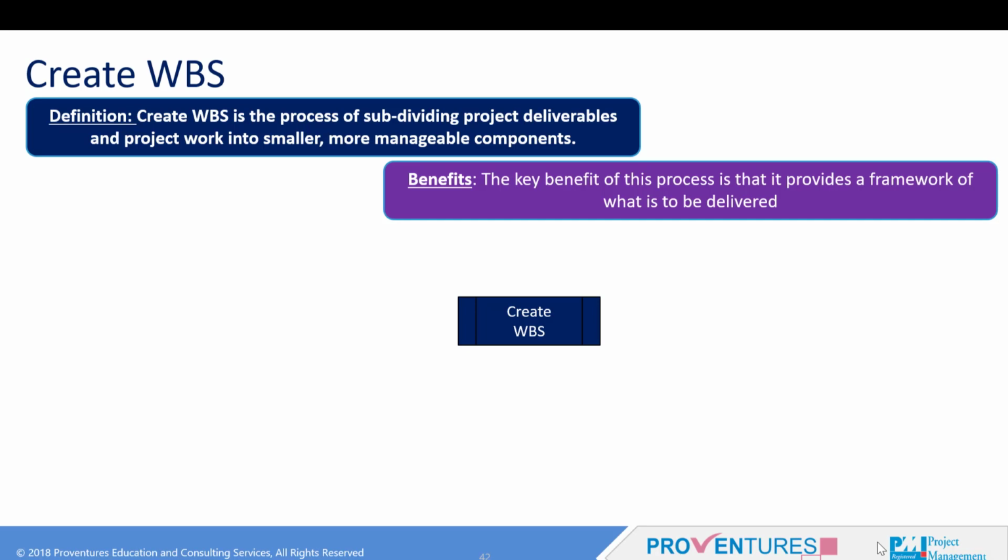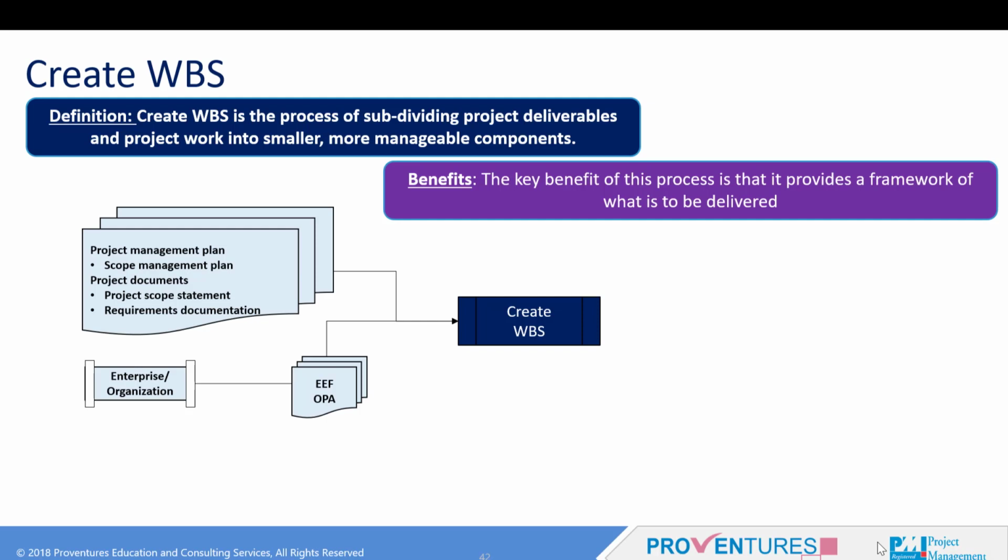What are the inputs that go into it? The scope management plan guides with the approach and methodology to build the work breakdown structure. The project scope statement and requirements document provide the vital data inputs in terms of the product scope, work scope, deliverables, and the different categories of requirements that come along with the PSS and requirements.